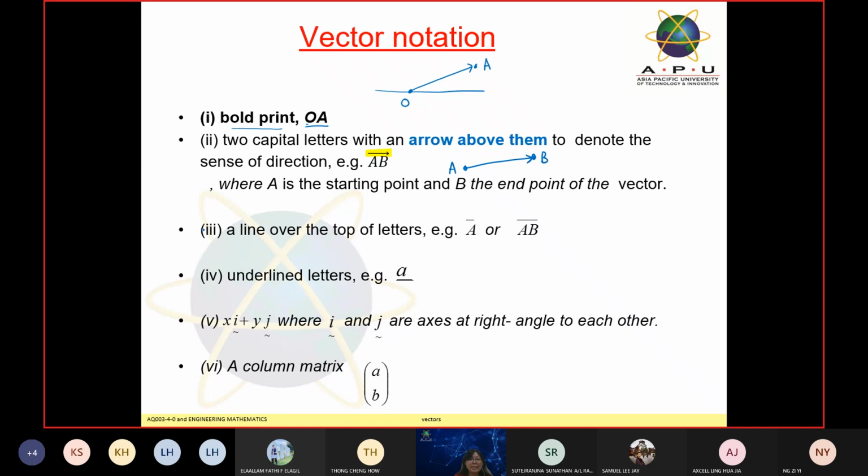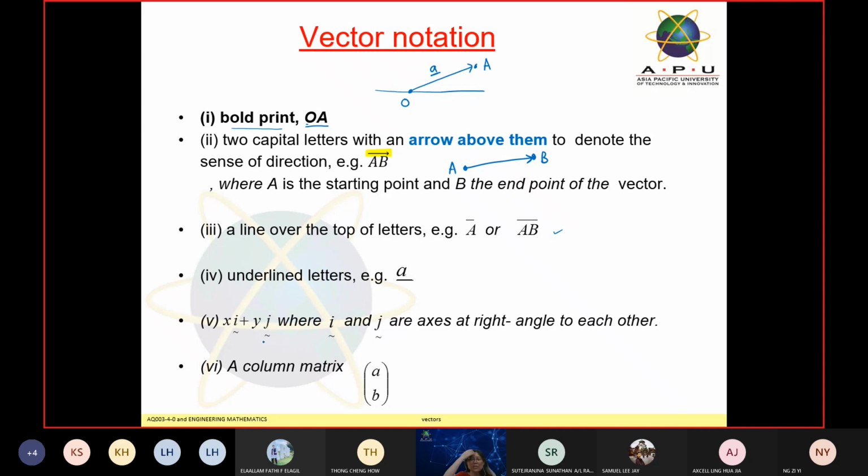Another way to present the vector is a line over the top of the letters, as given here. And the other one is an underline. Let's say we use A to represent the vector, we can just put a line below the A.